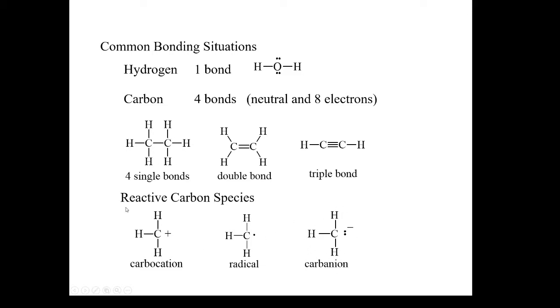But I am more stable than this carbocation because the carbocation doesn't have any extra electrons around it. It only has the 2, 4, 6, and it's short 2 for that octet. So a carbanion is more stable than a carbocation. A carbocation, that means, will be a more reactive species looking to find electrons to complete the octet around carbon.